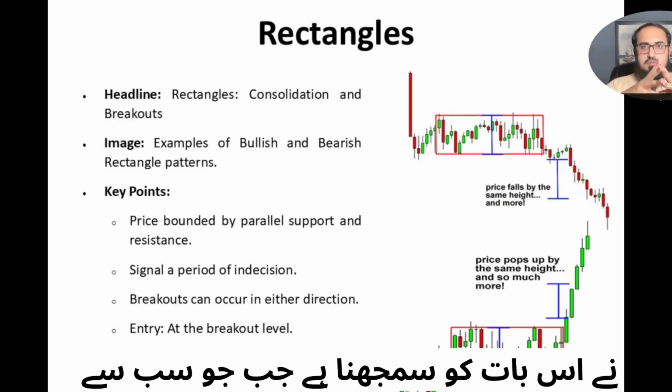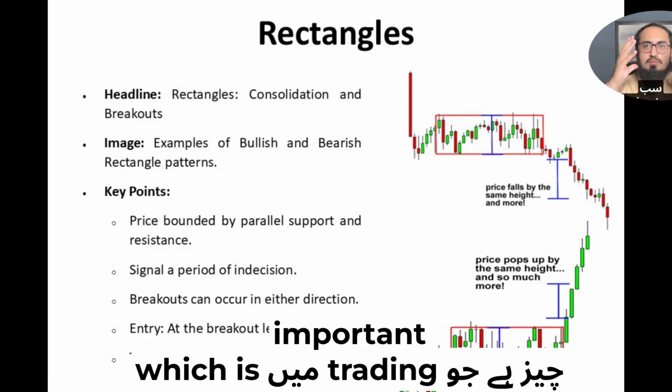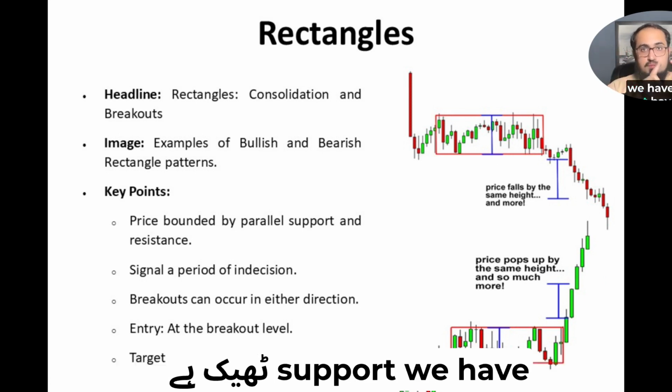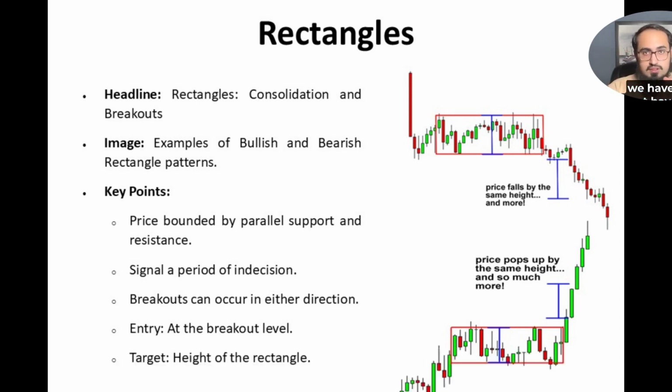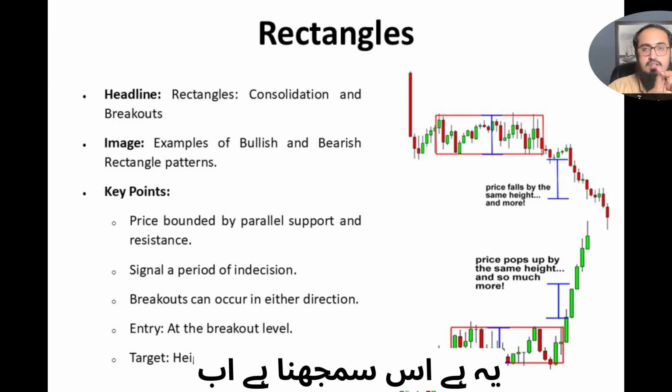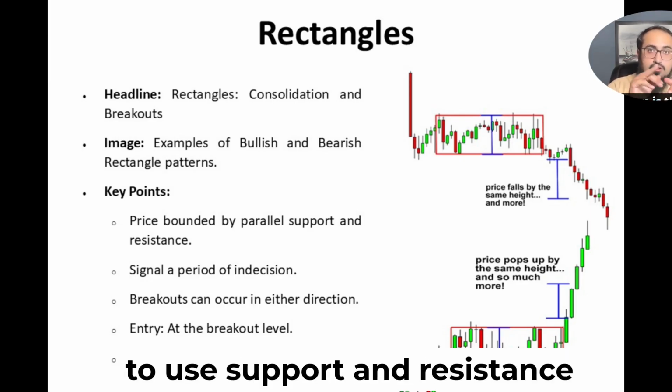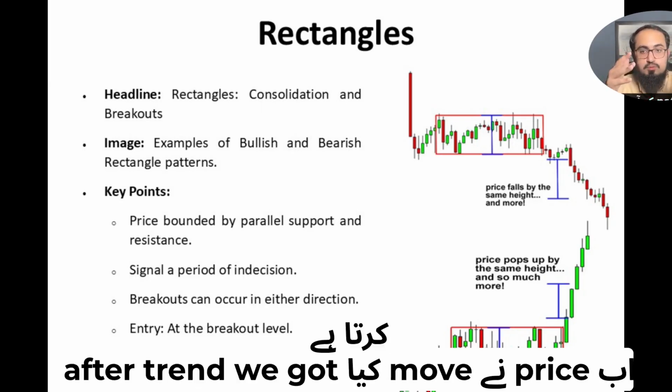Now you need to understand this. The most important thing we have, which is the foundation of trading, is support and resistance. This is very important. From this, you need to understand the rectangle pattern. This is the way to use support, and it helps you understand this pattern.